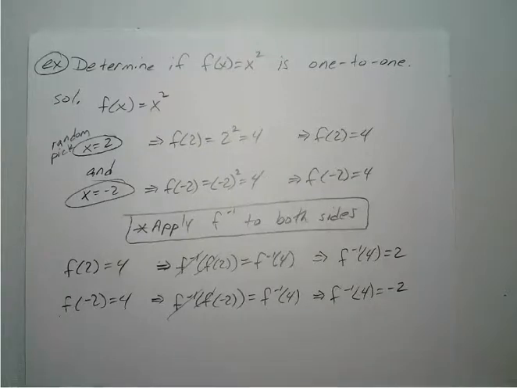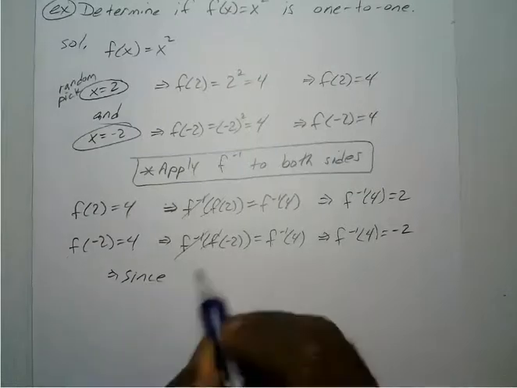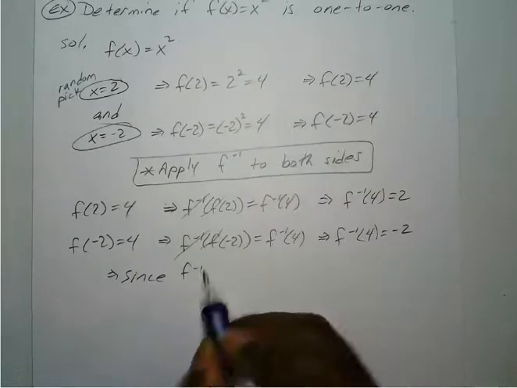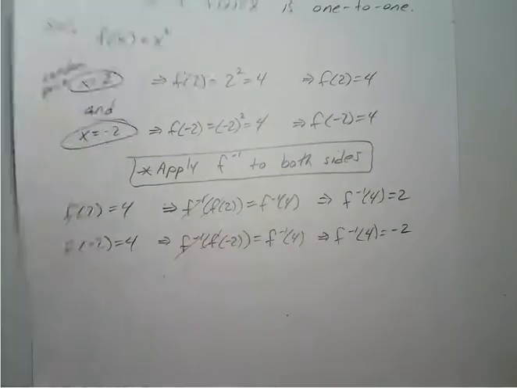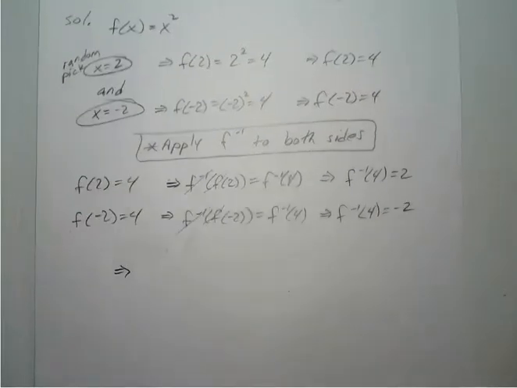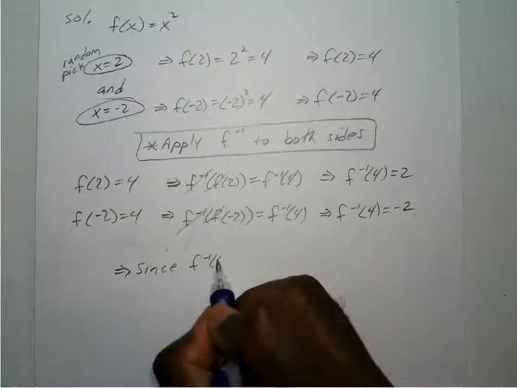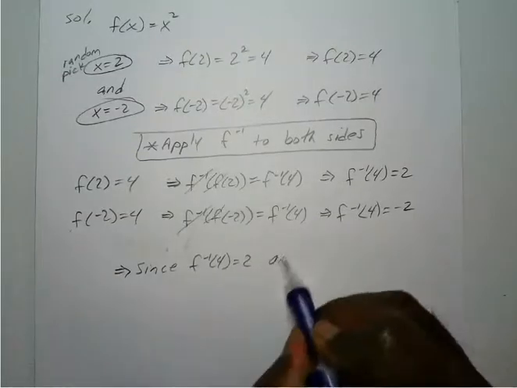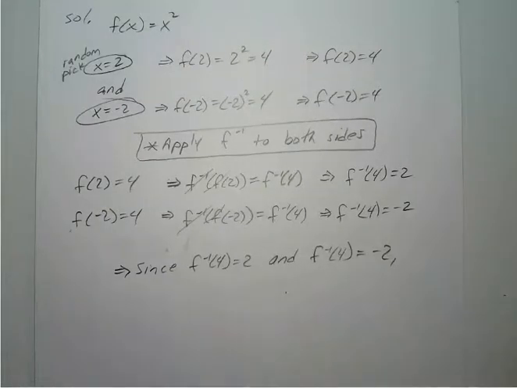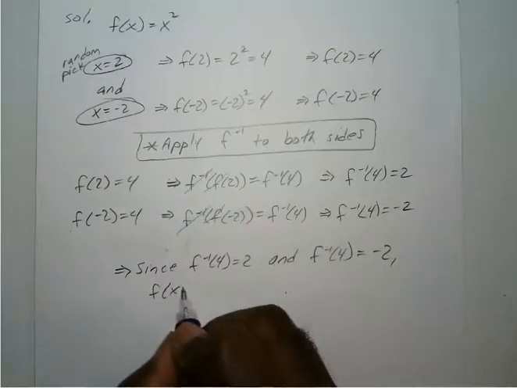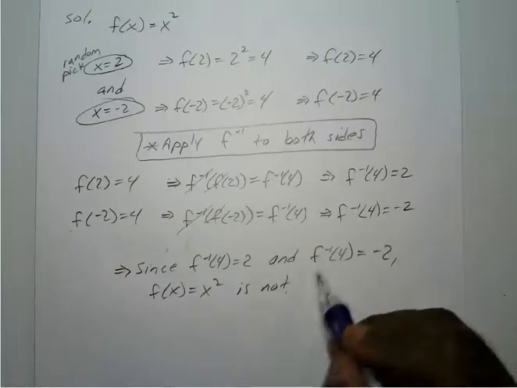That kind of gives it away, because since f inverse of 4 equals 2, and f inverse of 4 equals negative 2, f of x equals x squared is not 1 to 1.